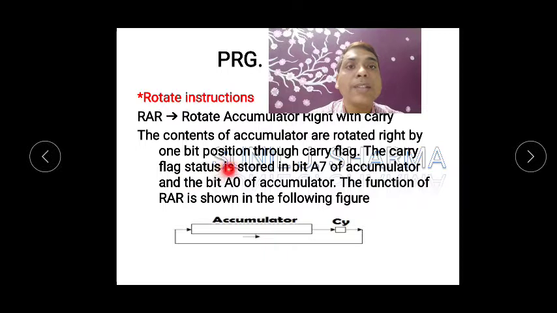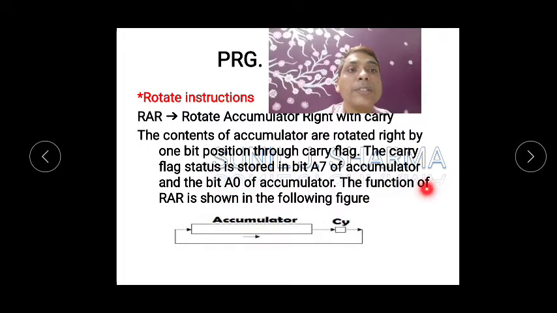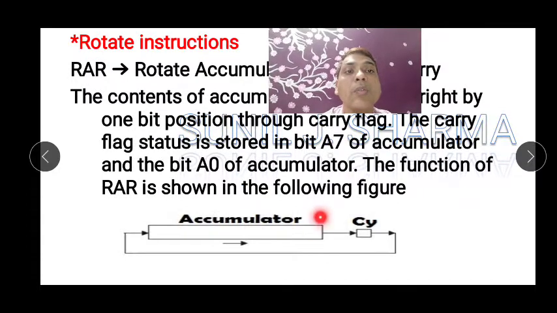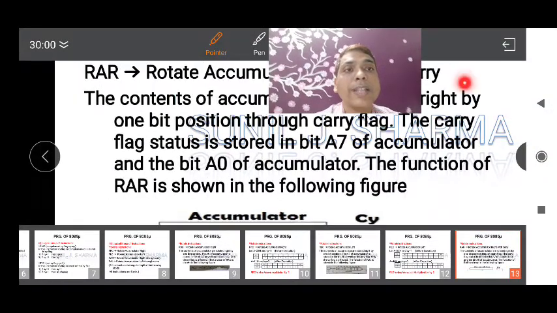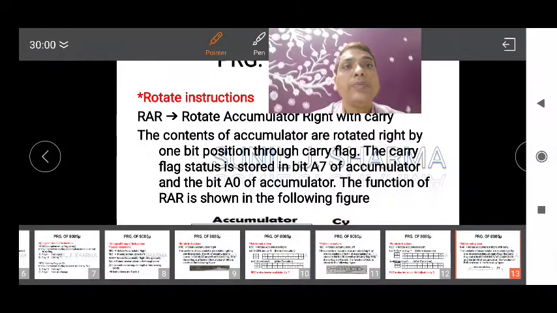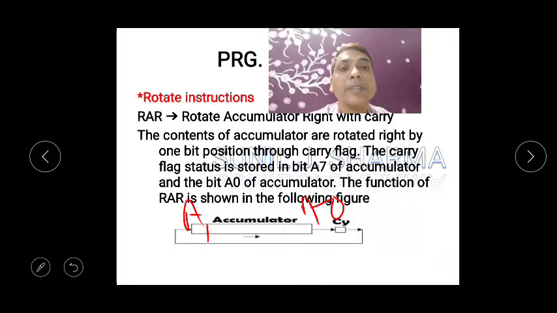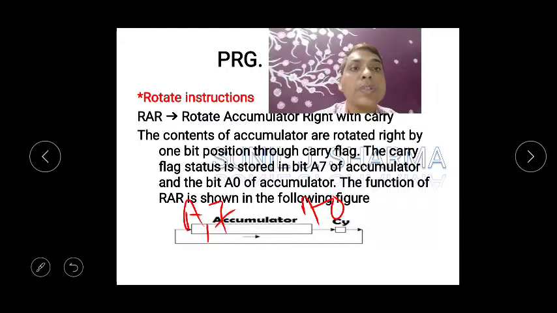The carry flag status is stored in A7 of the accumulator and the bit A0 goes to carry. Here A0 will go to carry and the carry value will go to A7.